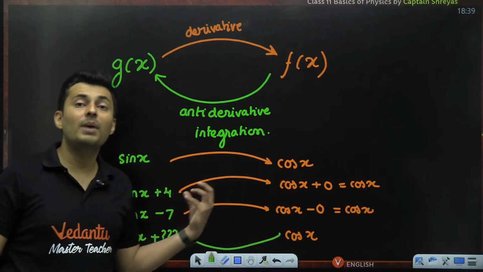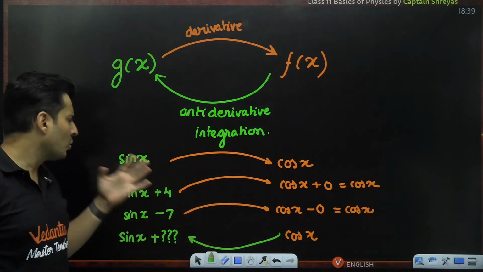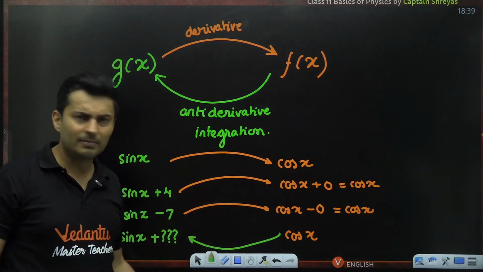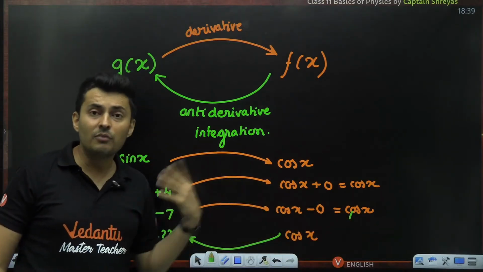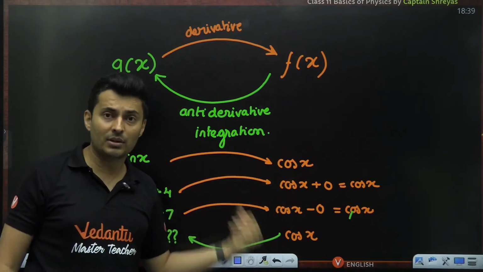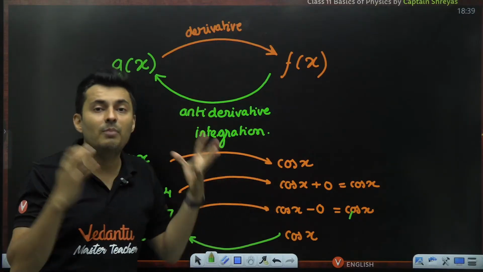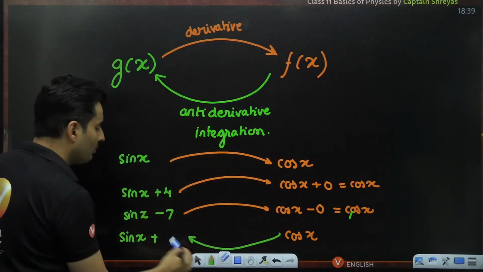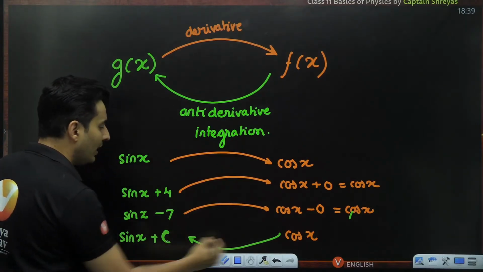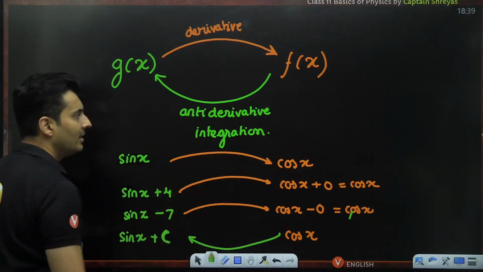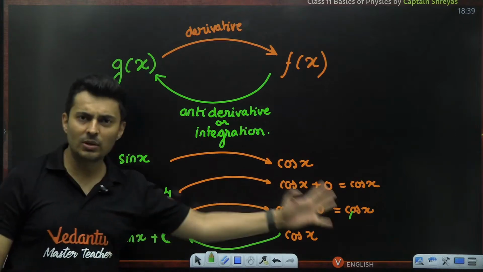I have to give the benefit of the doubt that maybe there might be a constant. It could be 4, 7, root, whatever, whose derivative will become 0, which we cannot get that information. We cannot find out what that constant was unless we are specifically told. So we need to give that benefit of doubt, and that's why we put a constant of integration. That's why we put a constant when you go the reverse, which is called the integration, antiderivative or integration. Is this absolutely clear with this example?